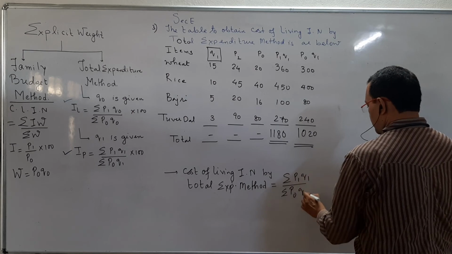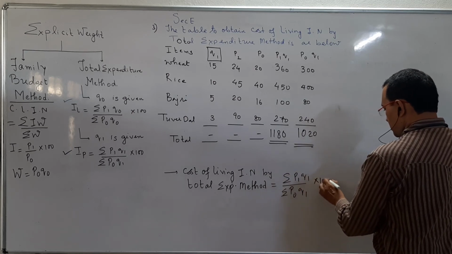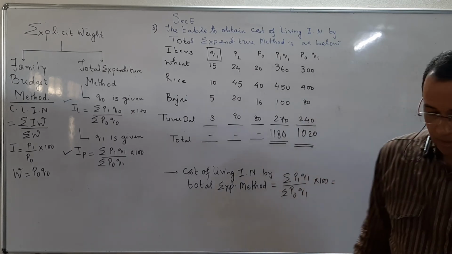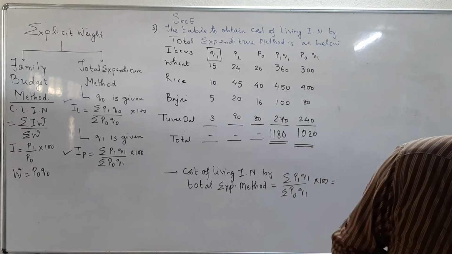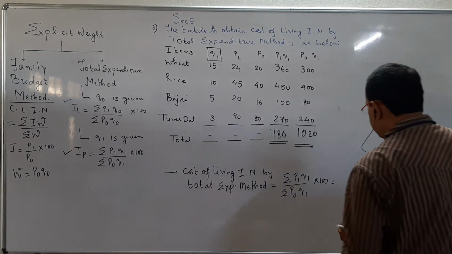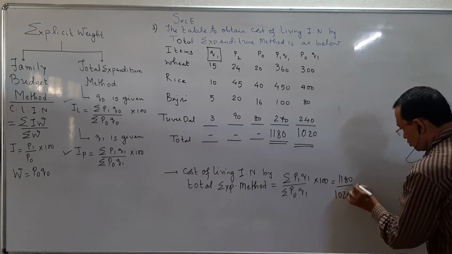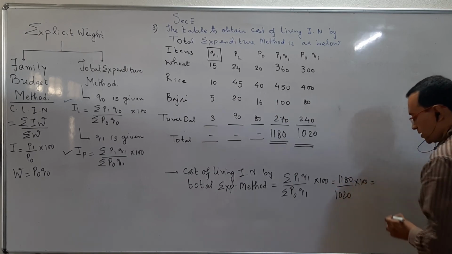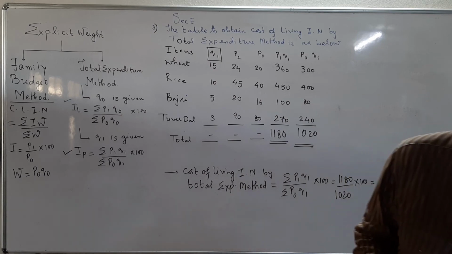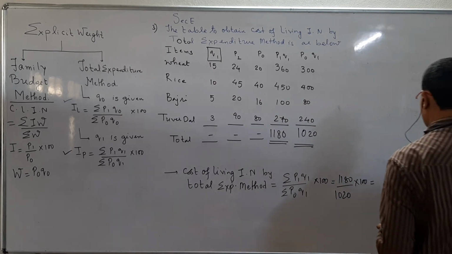And here I write simply the formula with Q1. So the answer is 1180 upon 1020 into 100, and this gives us 115.69.